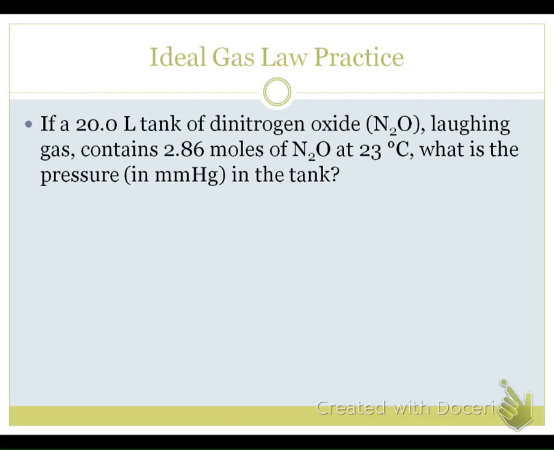Okay, try this one on your own. We're going to end up solving for pressure, and they want pressure in millimeters of mercury at the end, so that just means a conversion at the end.